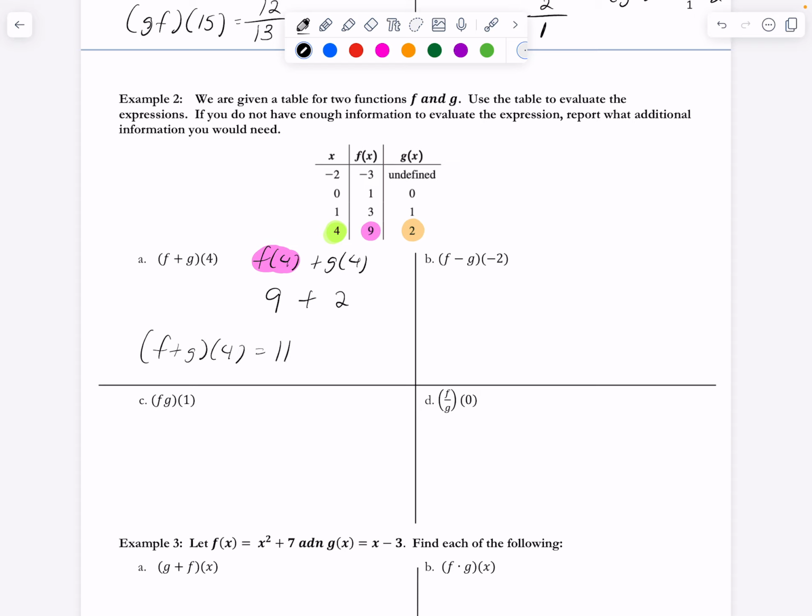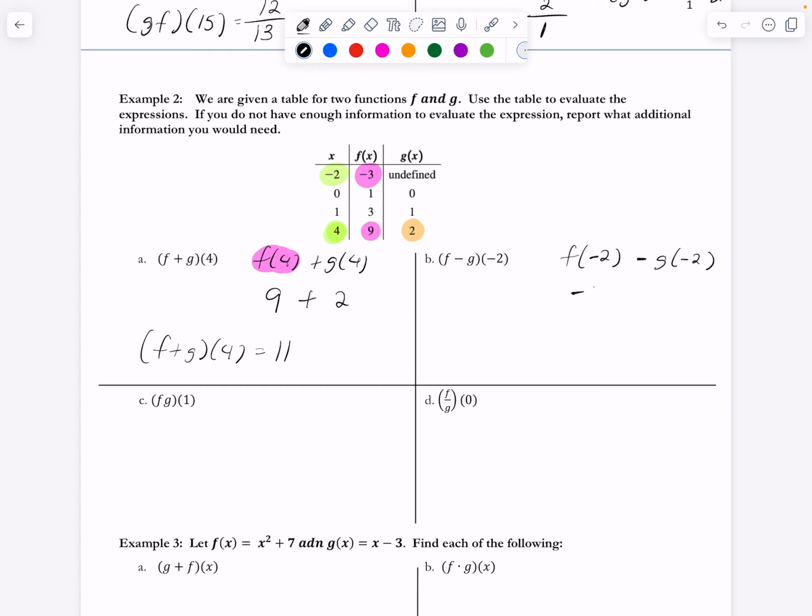So it should be fairly similar, but now we're using a table to find those y values as opposed to evaluating functions. Next one is f of negative 2 minus g of negative 2. Let's go to our table again at negative 2. The y value for f of x, when I plug in negative 2 into the f of x function, I get negative 3.